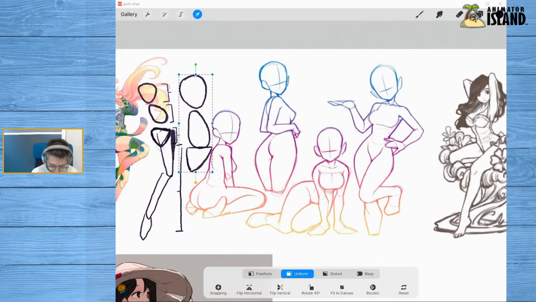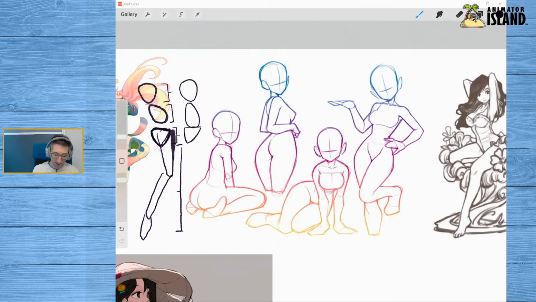If we shrink this down to be similar in size to this other character, you will see that the head size is pretty similar, right? Pretty similar. But the torso size is much longer and much larger. The rib cage on this second character is very different than the rib cage on the first character. And then the pelvis, again, we return to almost the same size.